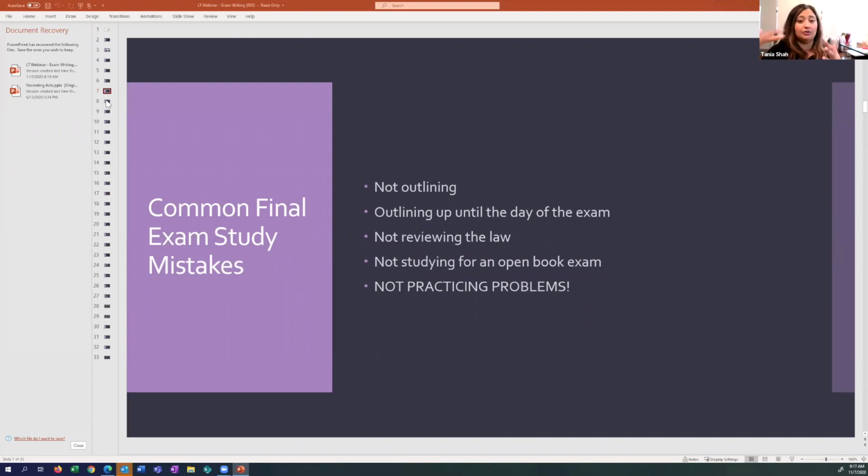Or you think you know how to apply it. So do those practice problems. If you're like, I'm not ready to test myself, that's fine. It's part of your studying process. So do those open note with your notes beside you, because remember, your exam is not going to be a recitation of the rules. It's going to be actually applying them. So why not practice for the exam the way that you're going to be taking the exam?